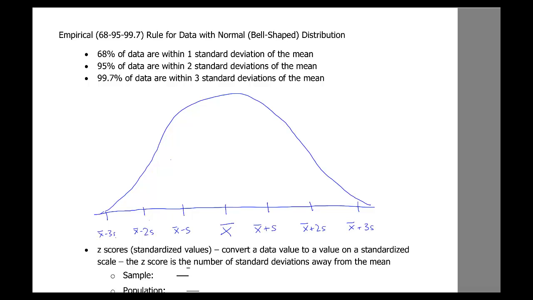So the empirical rule tells us that 68% of the data are within 1 standard deviation of the mean. So 1 standard deviation below and 1 standard deviation above. So I'm just going to draw some little lines going up here. Okay. And 68% of our data values are within that range. Okay. 95% are within 2 standard deviations.